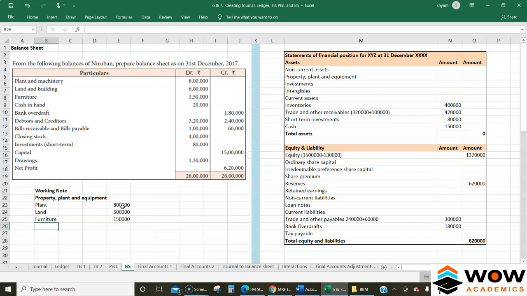The total of the property, plant and equipment comes to 15,50,000, and all the current assets put together come to 10,50,000.